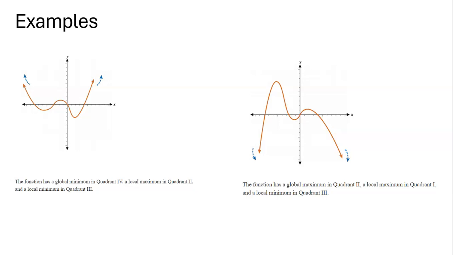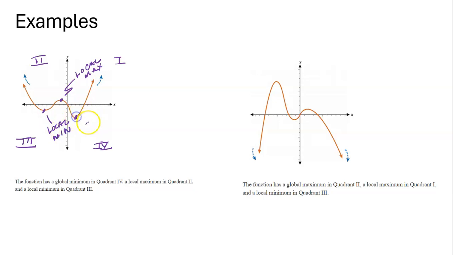One thing I noticed is when they started talking about local max and local min and global max and global min, they start using the quadrants, which is kind of cool because we're using them in physics right now. So what we have is this is going to be a local min.